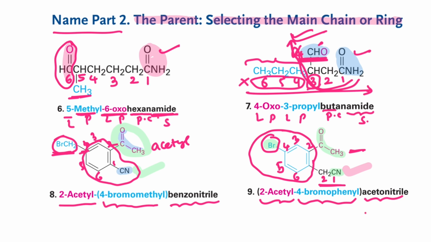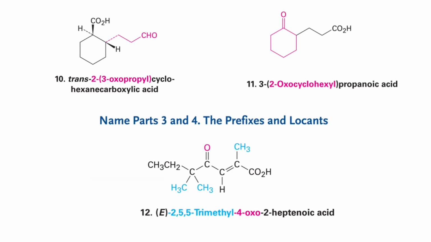Otherwise, we can say ethane nitrile, the last word. This we can say acetonitrile or ethane nitrile. Now, this is the chain with the ring. This is a chain just to open.